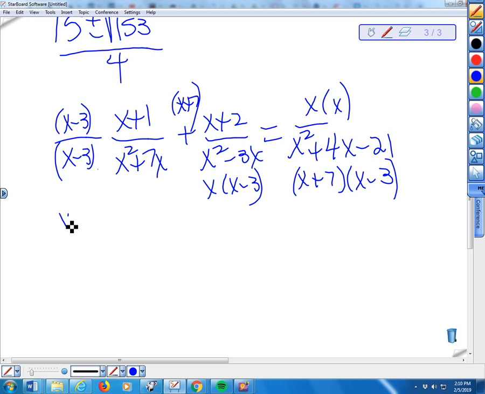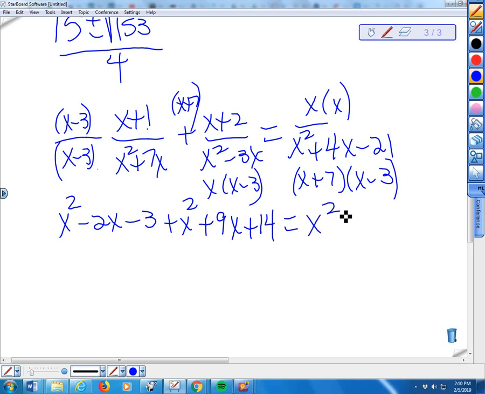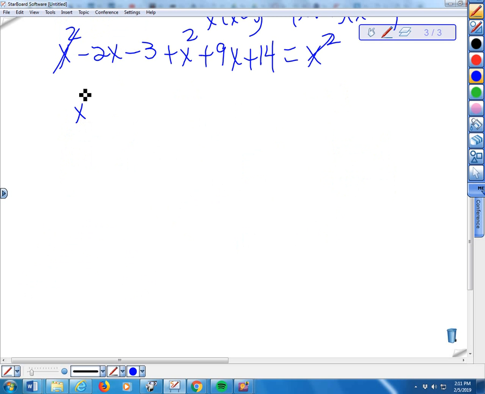x squared plus x minus 3x is minus 2x minus 3, plus x squared plus 2x plus 7x plus 14, plus x squared. My numerator is all the same now. Now I can simplify. These will just cancel. And I have x squared plus 7x plus 11.